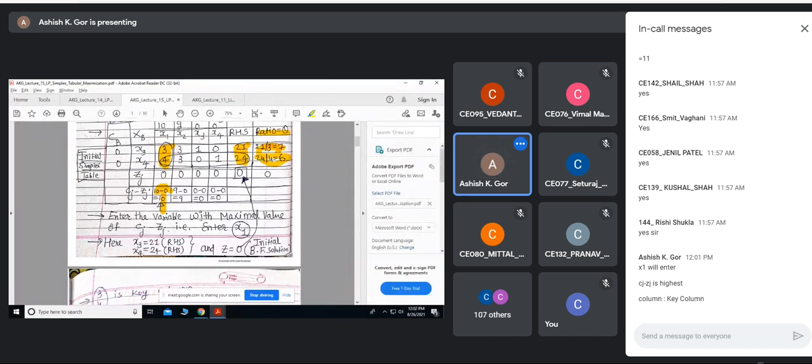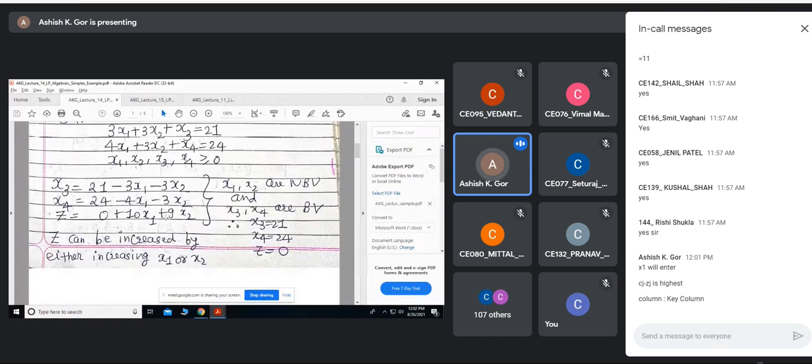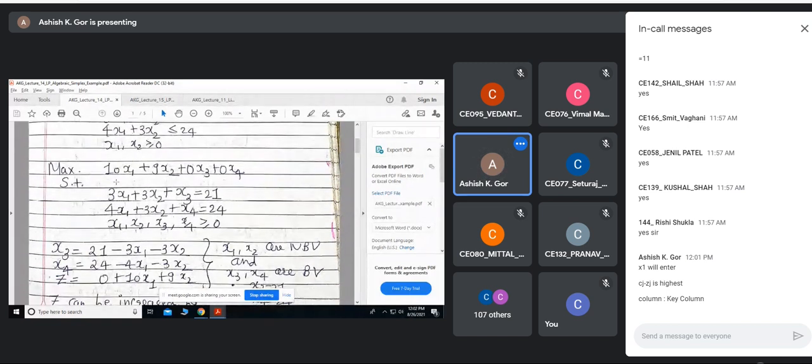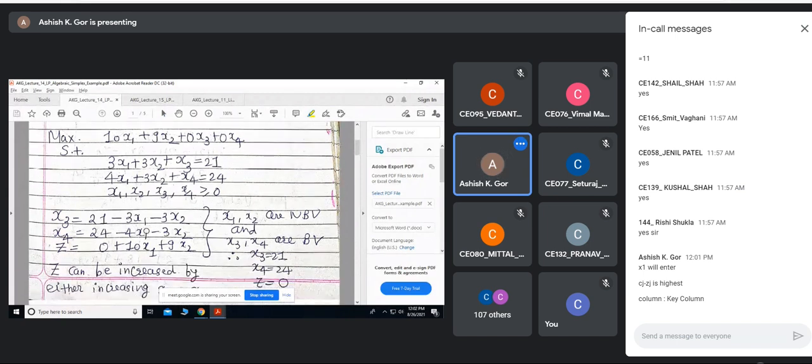Now let us try to relate it. Yesterday you have seen this, and in yesterday's method, I chose x1 to increase. Why? Because of 10x1, x1's coefficient is highest.